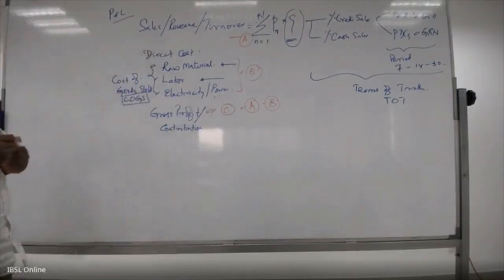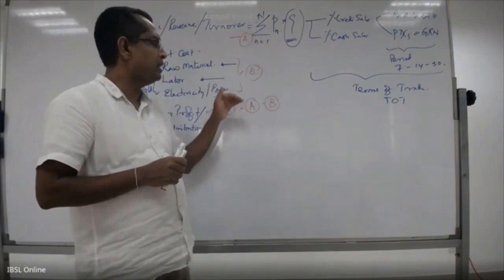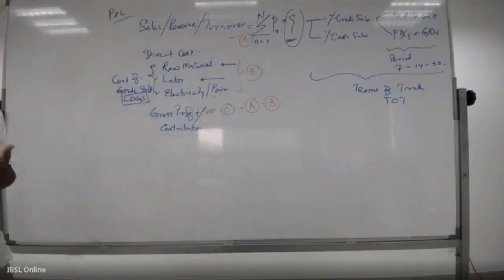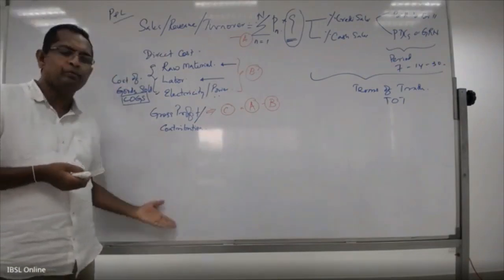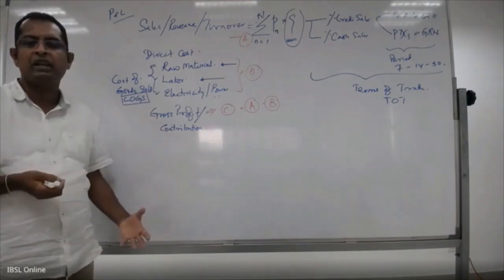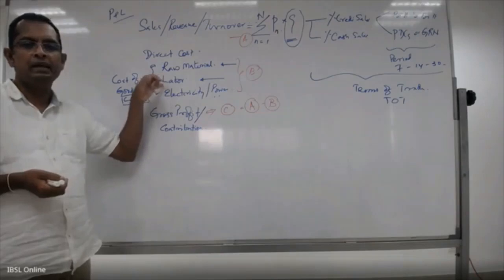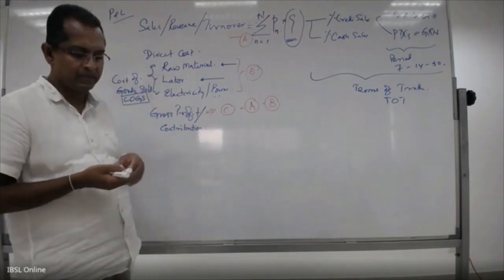That is another term used for gross profit. Gross profit equals top line, revenue line minus the direct cost. Gross profit is the money available to recover your other expenses like administration expenses, profits after deducting the direct cost.